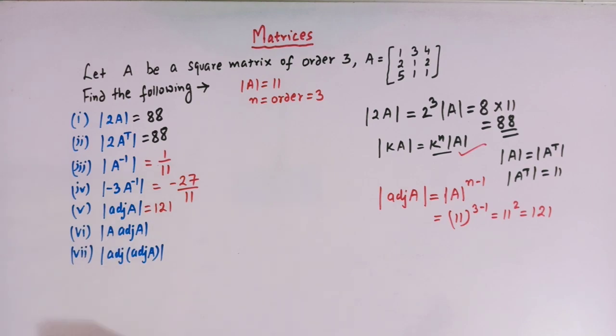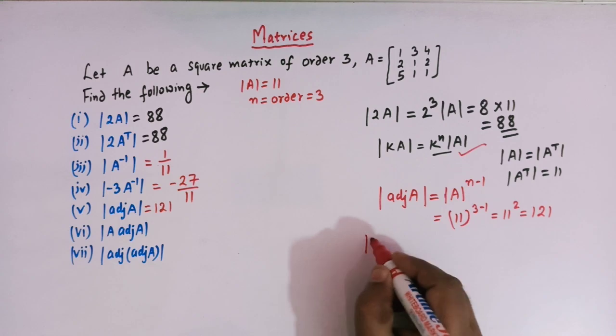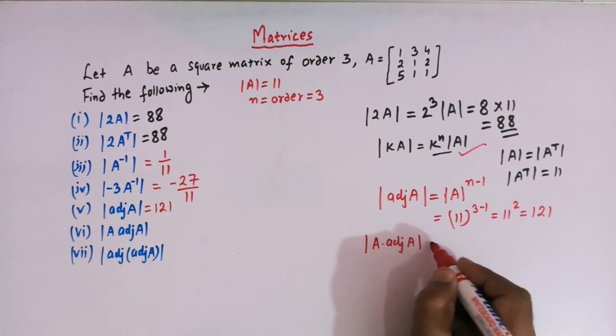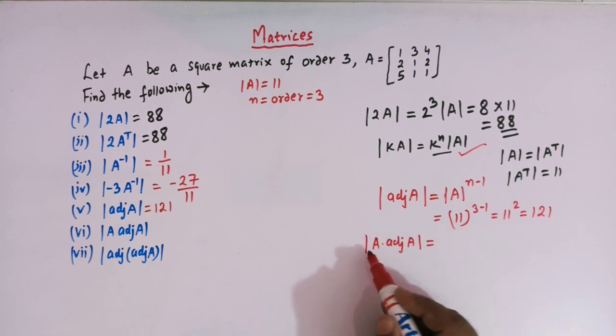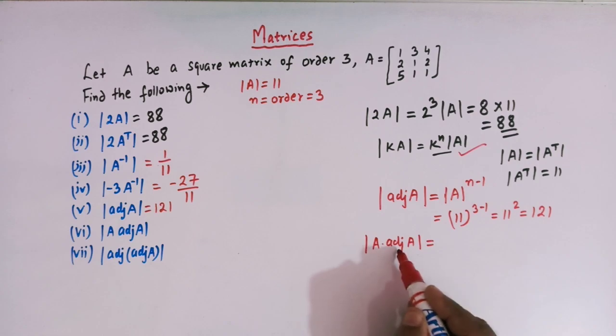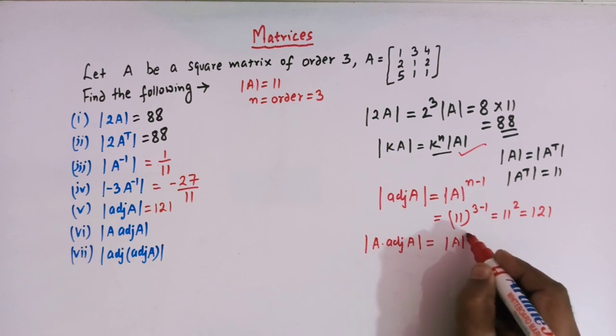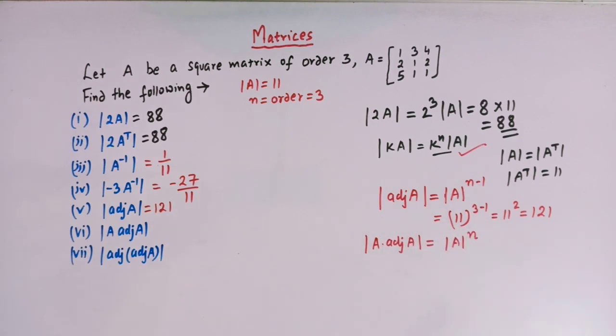Now let us take the determinant of A times adjoint of A. So we have the determinant of A times adjoint of A, and the direct result for the determinant of A times adjoint of A is equal to determinant of A raised to n.